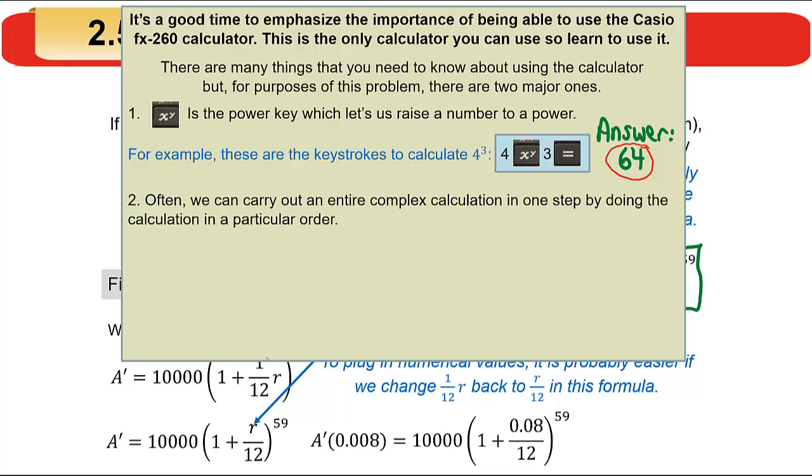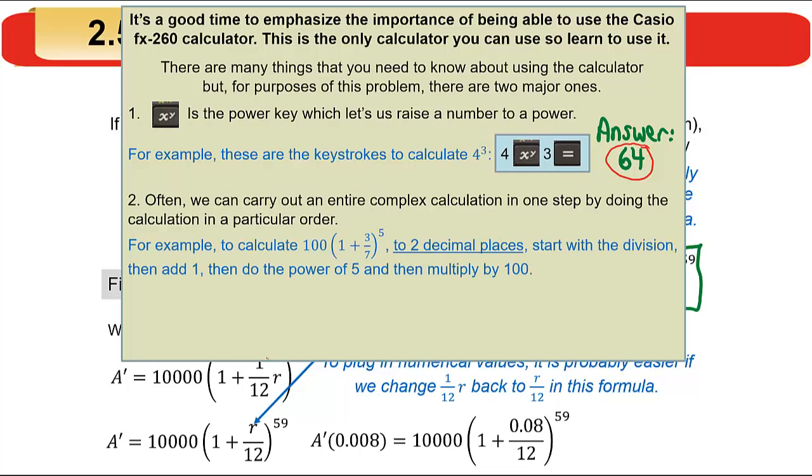The second thing that I'd like to mention is very important is that a lot of times you can carry out the entire complex calculation in one step inside your calculator without having to write down intermediate steps. Whenever that makes sense, I would highly suggest you do it that way, but it's something you have to practice. Let's look at an example of that.